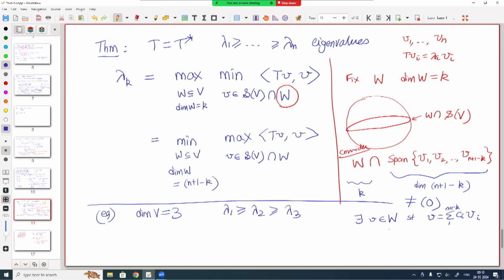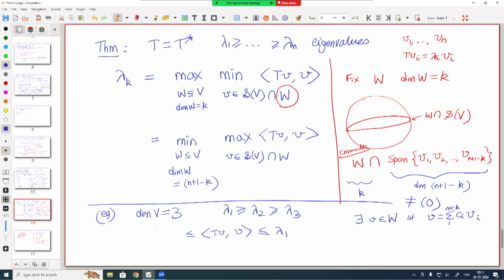Now, for this v, what do I know about Tv comma v? I know two things about such Tv, v. On the one hand, it's less than or equal to lambda 1.